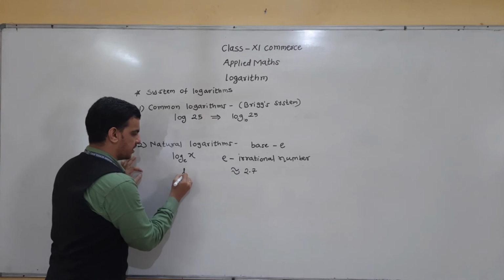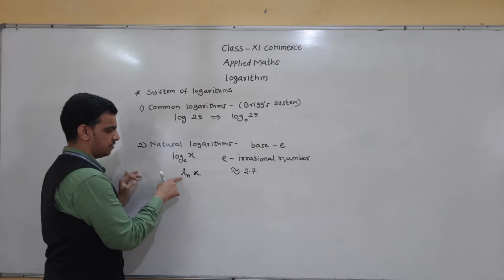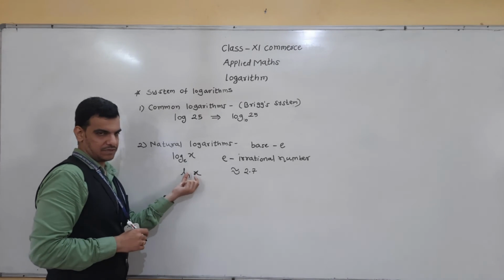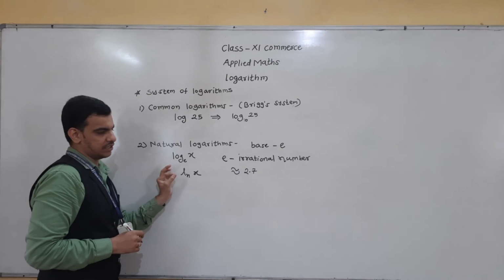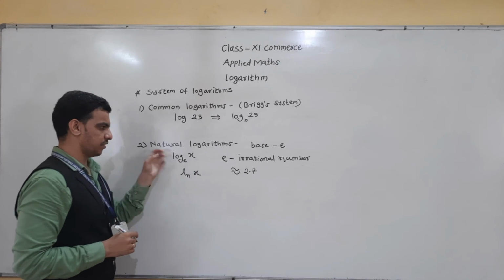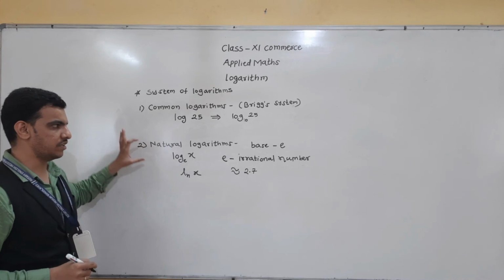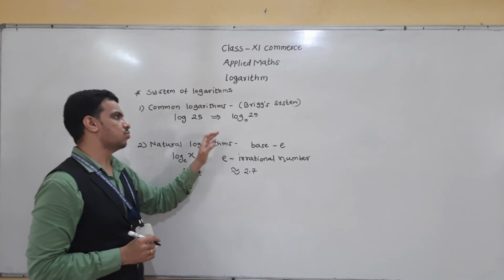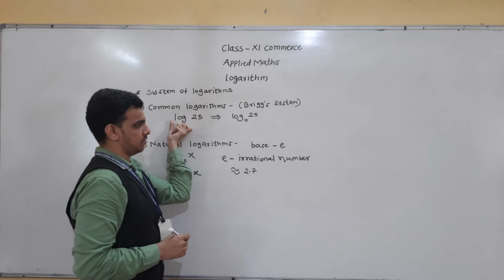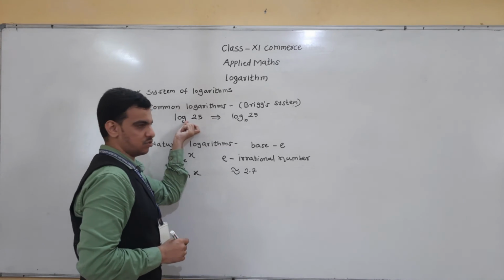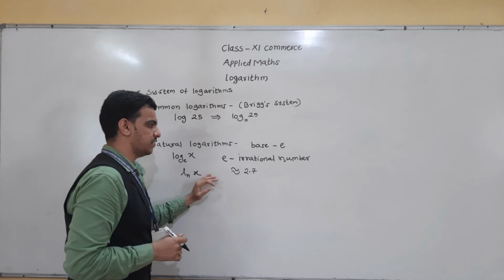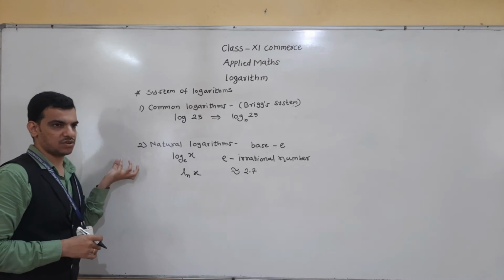It is denoted as ln x; when it is denoted like this, ln of x is a natural logarithm, and the base is e. But in this lesson we use only common logarithms, where the base is 10. So these are the two systems of logarithms. After that we will take examples based on all these properties.